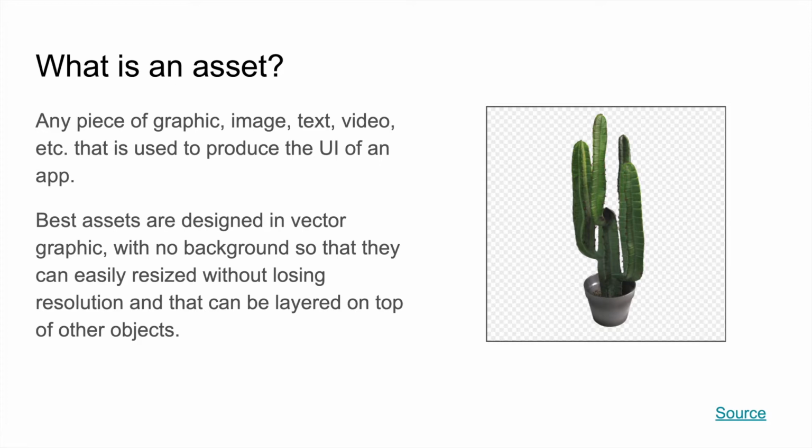So vectors are quite different from typical image files. So say a JPEG or another kind of file that you would take with your camera. And usually they are something without backgrounds, and that they can be resized without losing any of their resolution. And this is beneficial because you can use that when you're developing your UI to layer on top of one another.